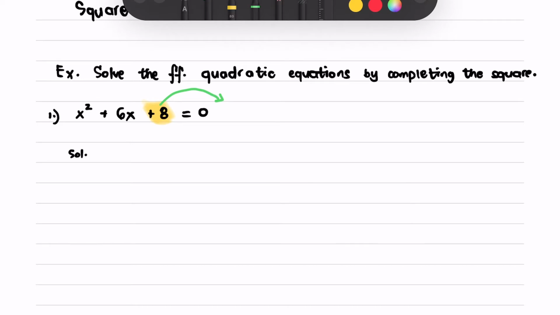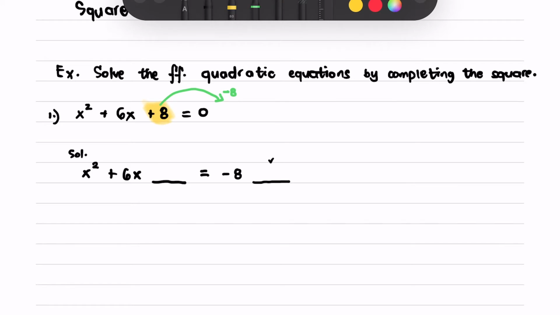So, makikita natin, we have here x squared plus 6x. Maglalagay ako ng space dito, kasi mamaya may ilalagay tayo dyan, equals, yung positive 8 magiging negative 8 once na nilipat natin siya on the other side. So, magiging negative 8 dyan. And then, maglalagay din tayo ng space dito kasi kung anong lalagay natin dito sa part na to is ganun din dito.